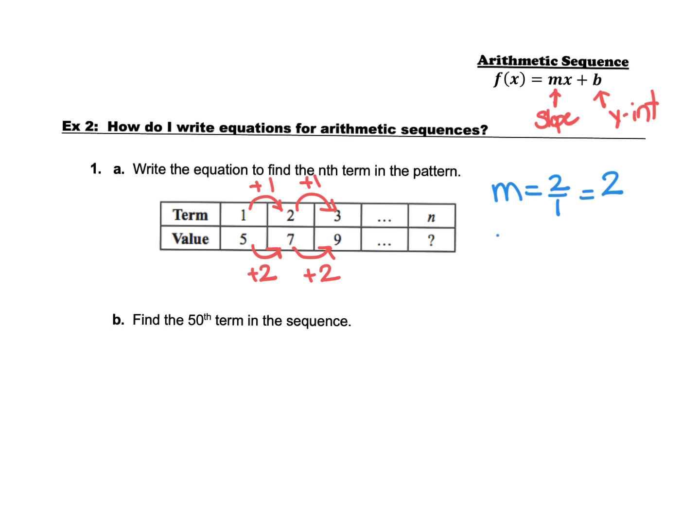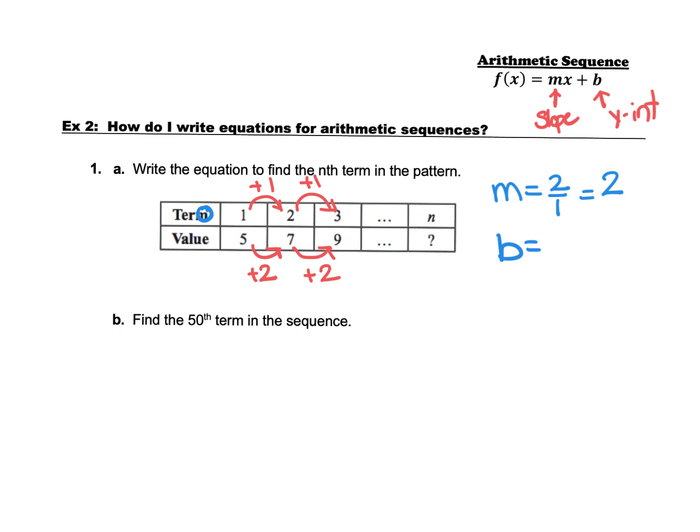Now let's talk about finding the y-intercept. Remember, we said the y-intercept is when x is 0. But notice that our terms start at 1. So in order to find the y-intercept, I need to back up 1 and find out what the y value is when the x is 0.